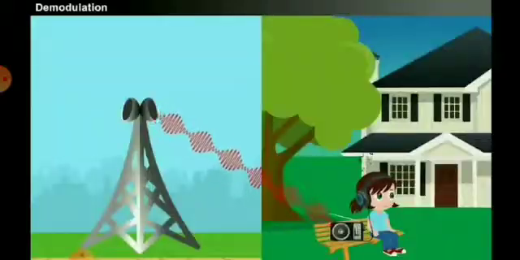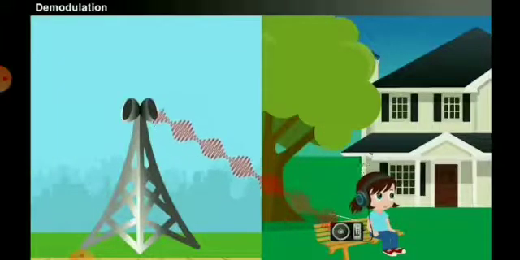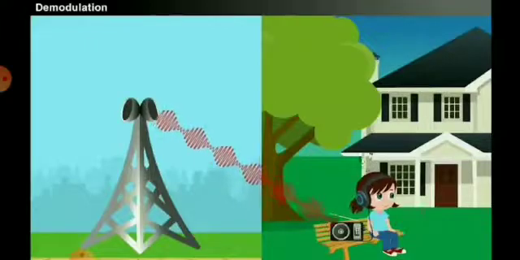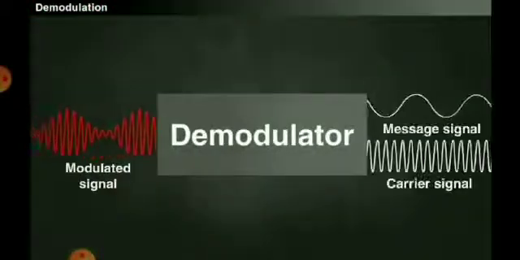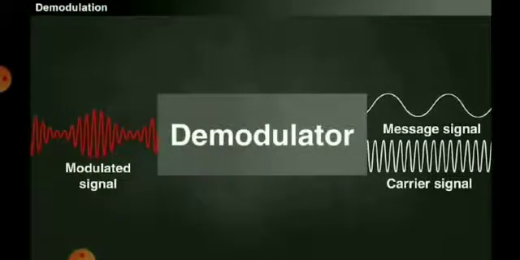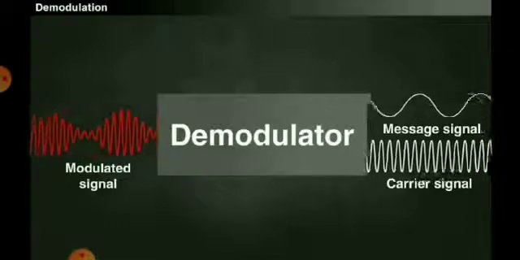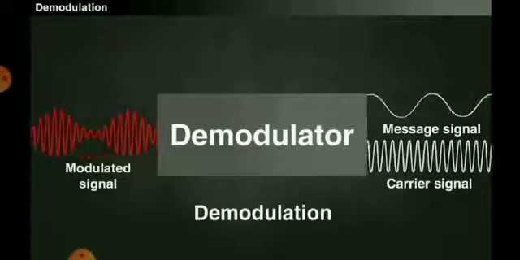So far we have studied modulation and the need for modulation. When the modulated signal reaches the receiver, it is necessary to separate the message signal from the carrier signal. This process of recovering the low frequency message signal from the modulated signal is called demodulation, and the device used is a demodulator.